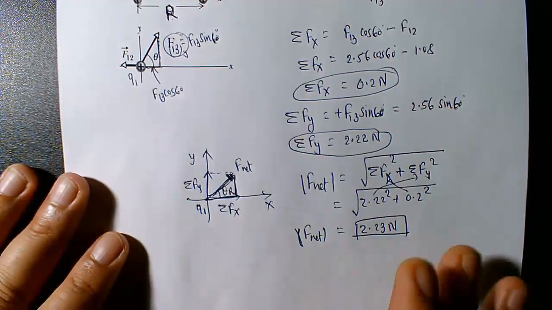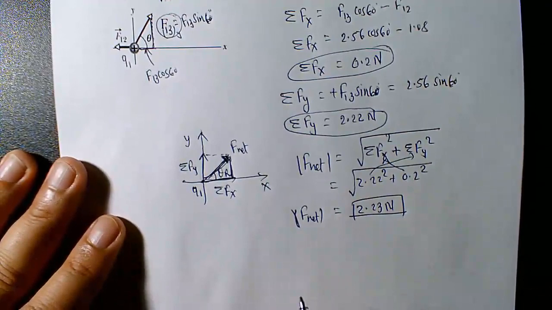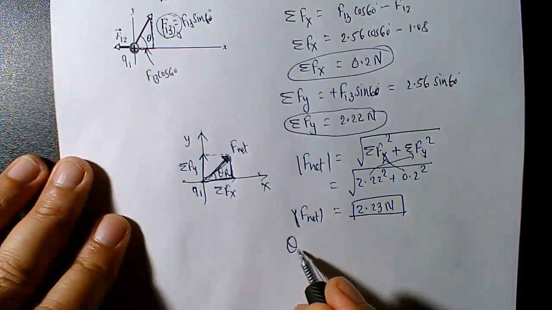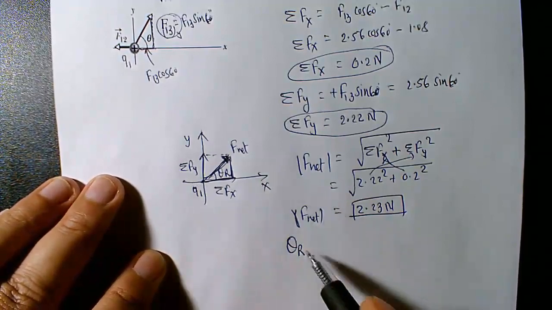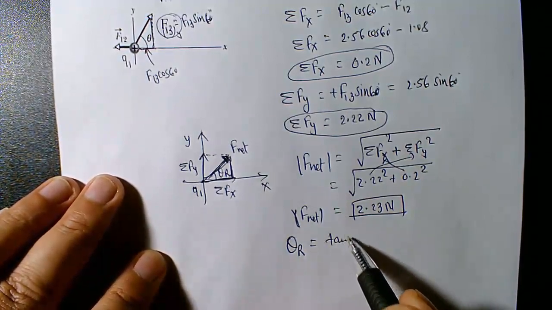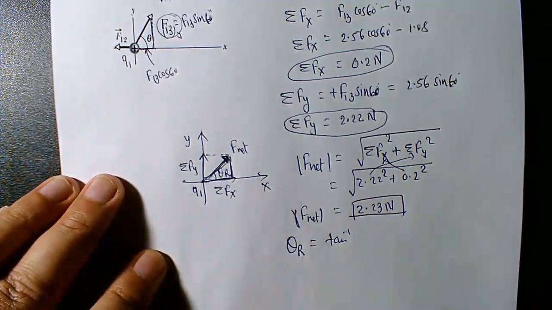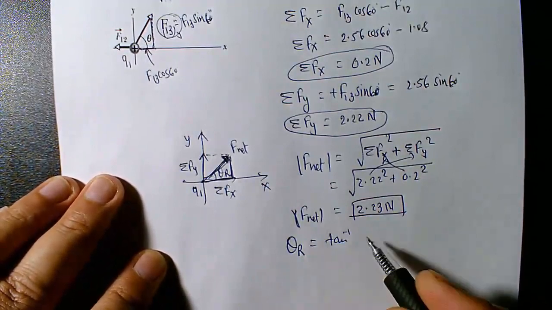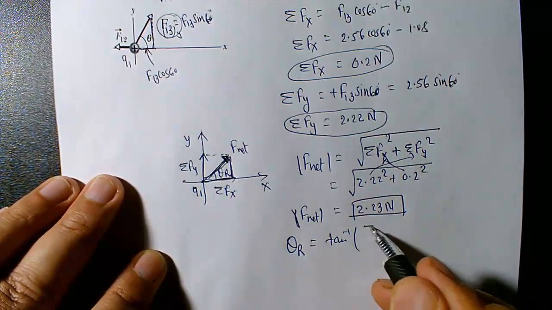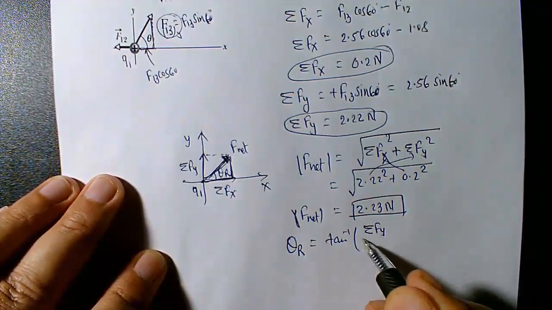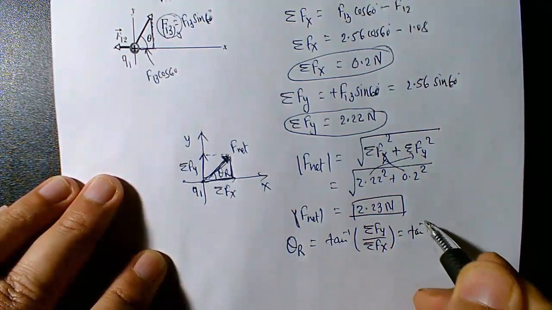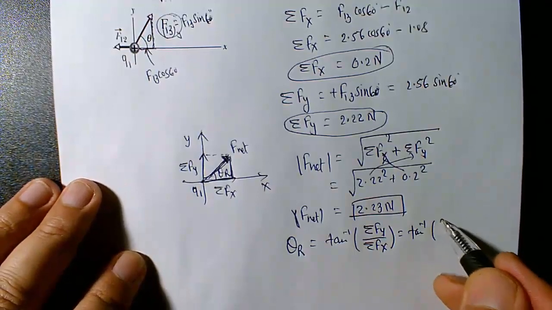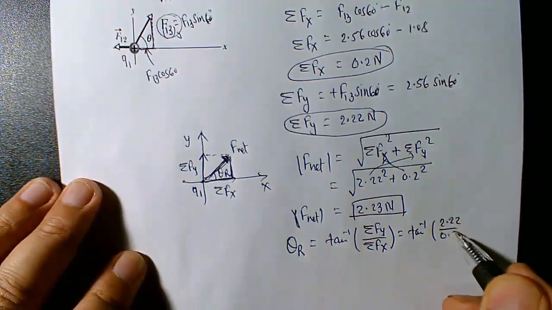And what's the direction? Because we have to find the direction as well, because force is a vector quantity. The angle made by this resultant force with the x-axis, if you just see the geometry, is inverse tan of the sum of the y component divided by the sum of the x component. So the y component is 2.22 divided by 0.2, right?